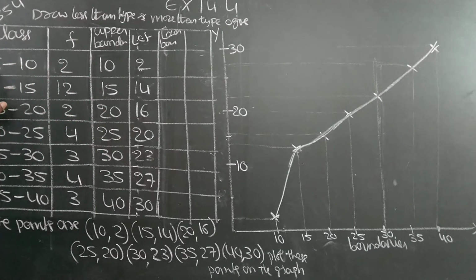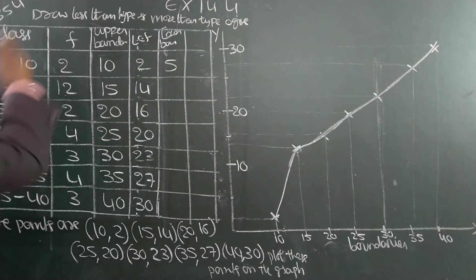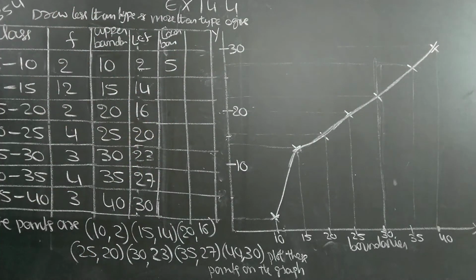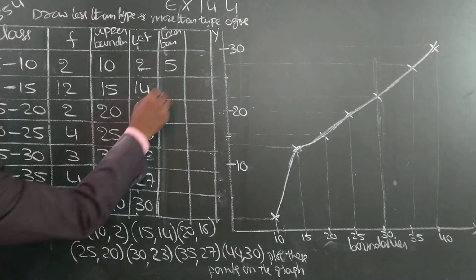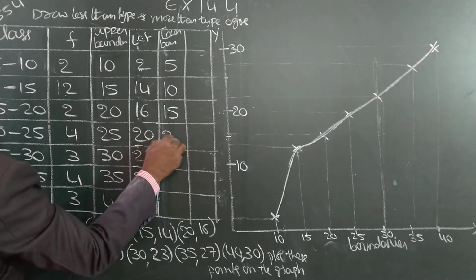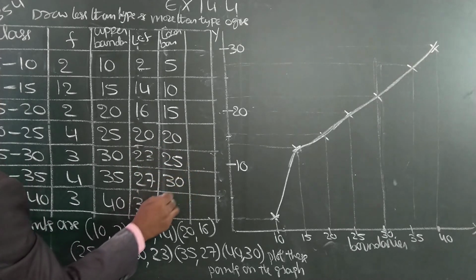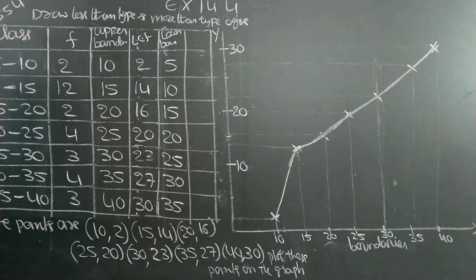Lower boundary 5, lower boundary 10, lower boundary 15, lower boundary 20, lower boundary 25, lower boundary 30, lower boundary 35.